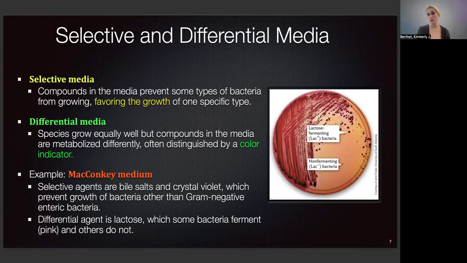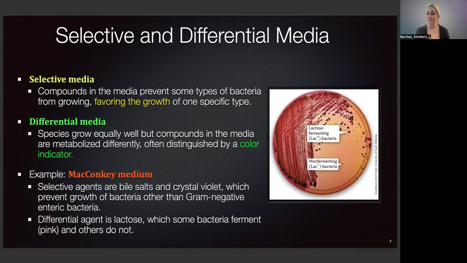So we could plate 2 different organisms on this plate and learn more about their metabolic properties. So whether they break down lactose, whether they're fermenting it, or whether they don't. Looking at this image on the right, that's a MacConkey agar plate. Everything we see growing there, we know is gram-negative enteric bacteria because of the selective component that bile salts and crystal violet, again, select for microorganisms that are gastrointestinal and gram-negative in nature.